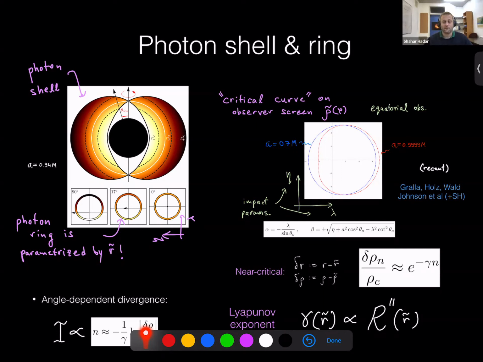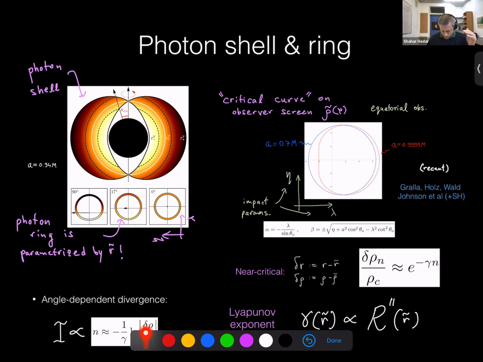No problem. Okay, so that's the critical curve, and there's this really funny fact about this special family of photon orbits that you can appreciate by looking at this figure on the left. There's a mapping between the two. In the previous slide we were talking about these orbits in the bulk geometry, orbits that stay at a fixed radius and are unstable.